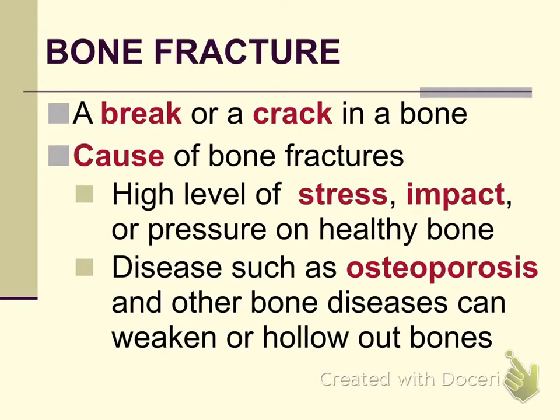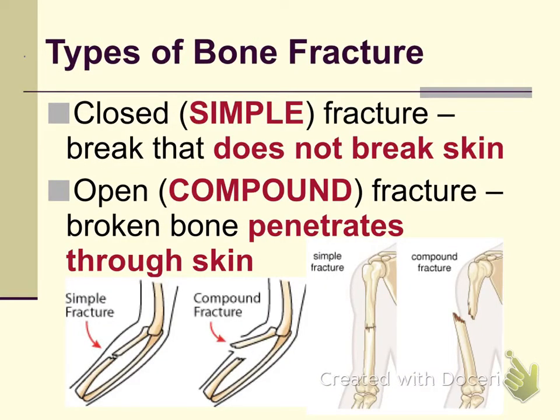One cause can be any high-level stress or impact or force or pressure put on a healthy bone will cause it to break, or any disease process that can weaken or hollow out a bone can cause fractures. There are two main types of fractures.